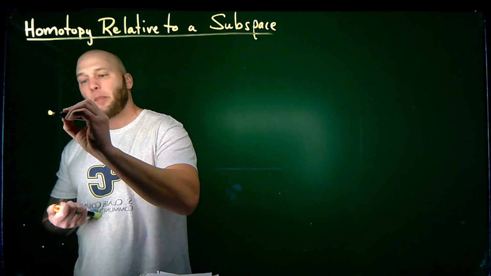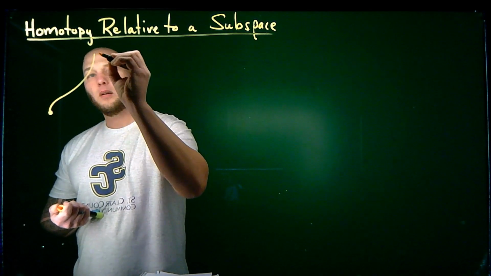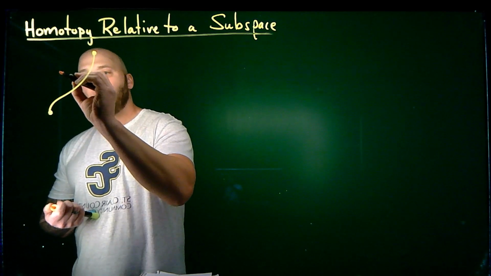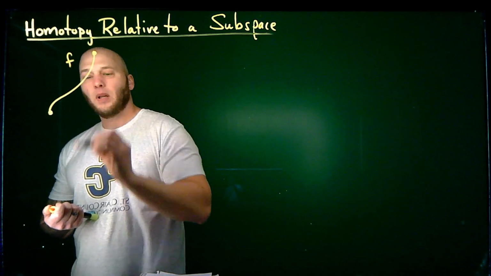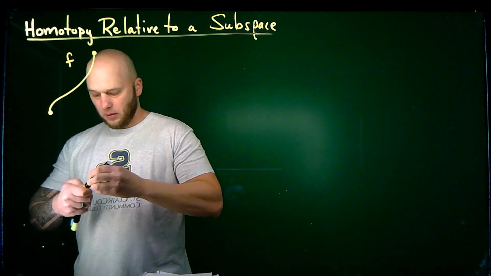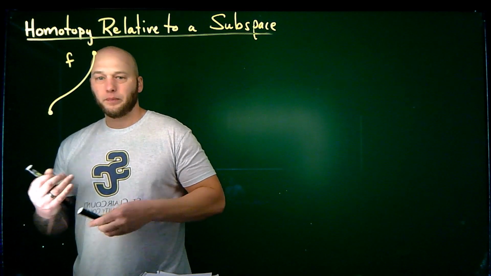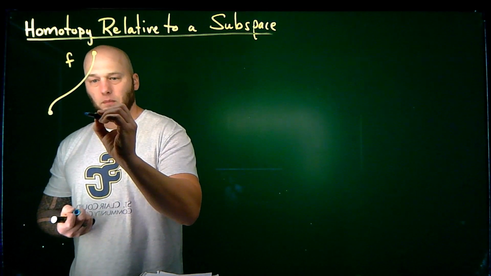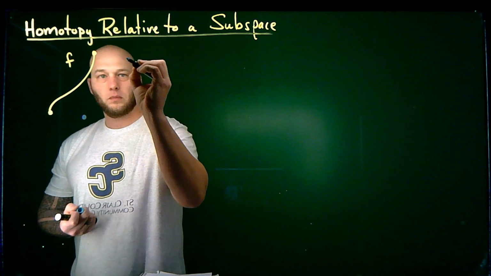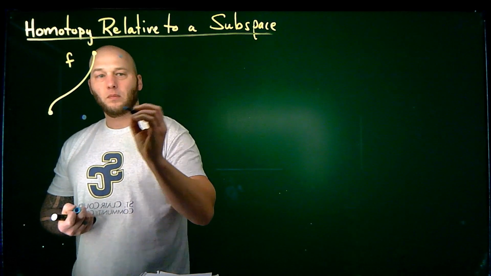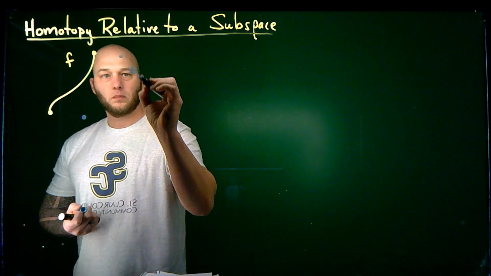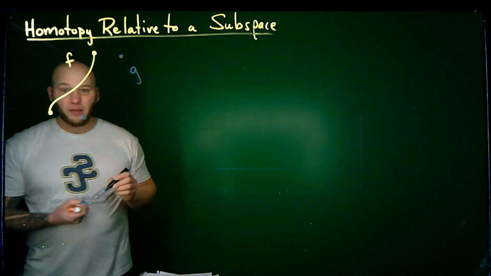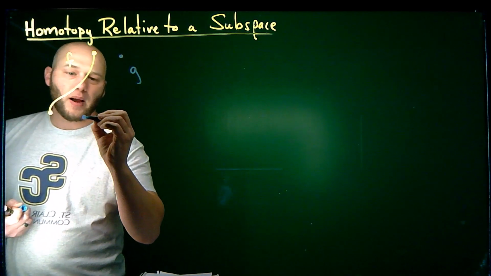I've got a path F, and I've also got a path G. Now let's say this path G has the following property.